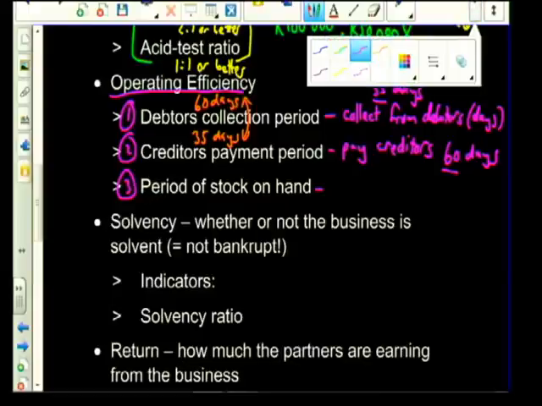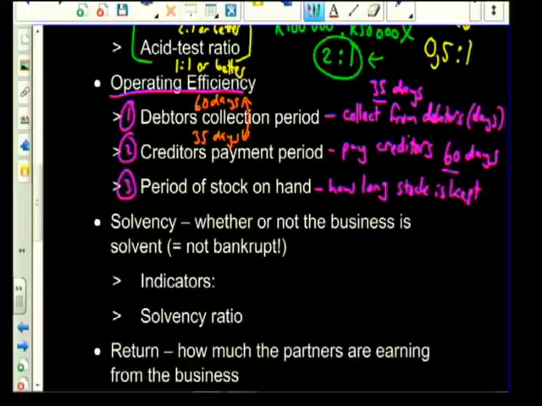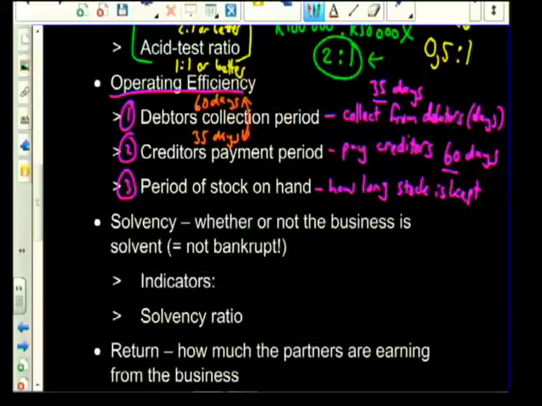And what this tells you is how long, on average, you keep your stock on the shelves. And this ratio can be very different depending on the type of product that you sell. If I'm a cafe that sells groceries and fruit and vegetables, I want this to be low, maybe every 14 days.